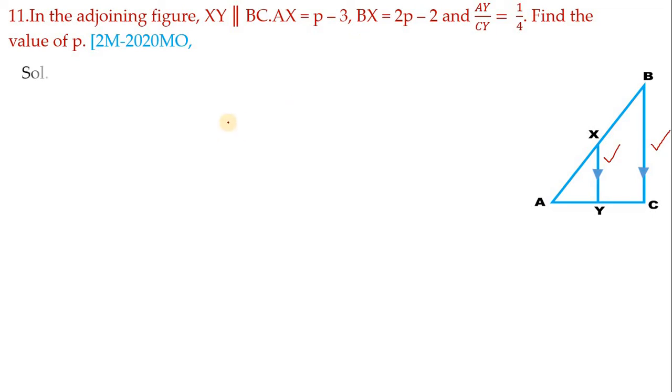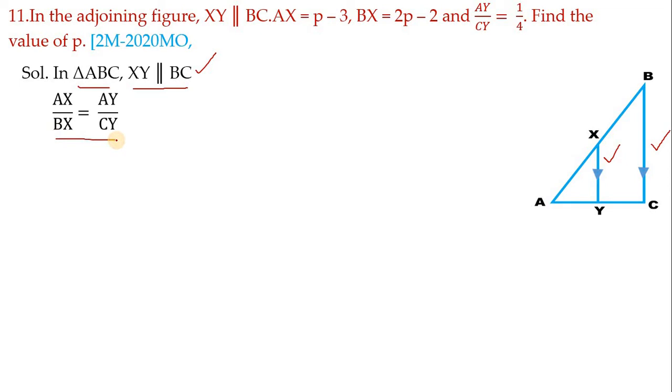So in triangle ABC, XY is parallel to BC. When XY is parallel to BC, we can write AX by BX is equal to AY by CY. The reason is BPT.